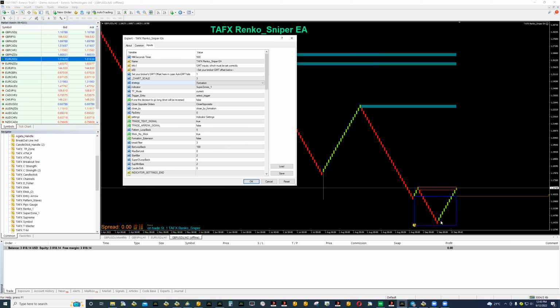Some people have been fearing to trade in MT4 because of news events that may change the market direction, blah blah blah. But that has nothing to do with our TFX systems. We have covered that, nothing to fear. Strategy one is the one that works with the formation.